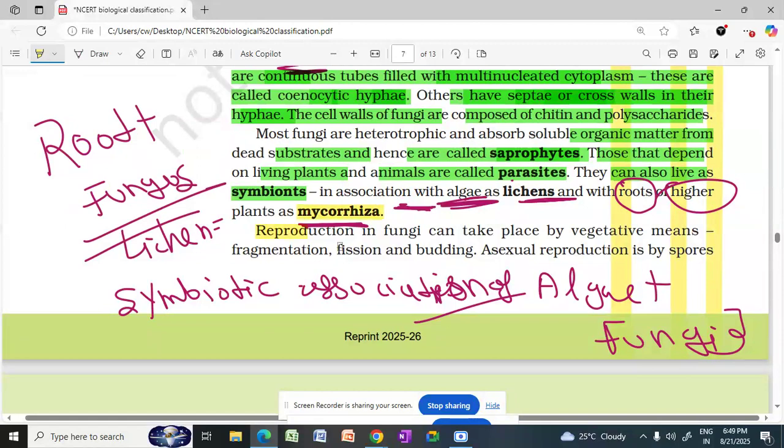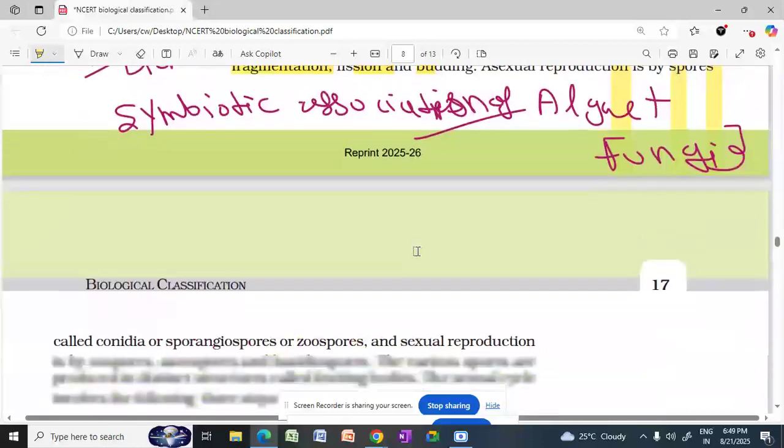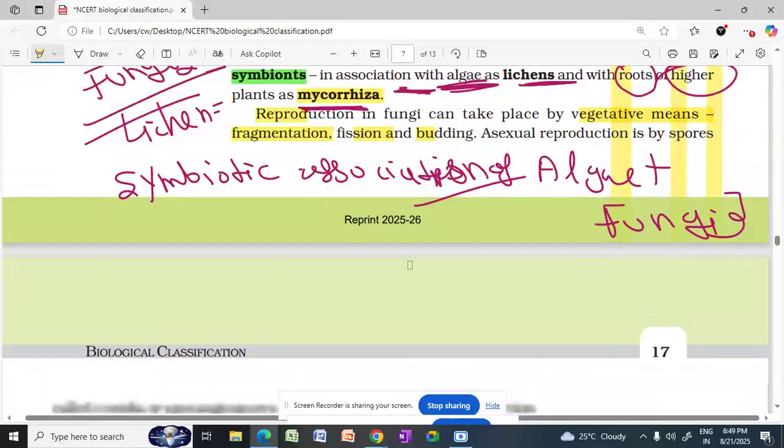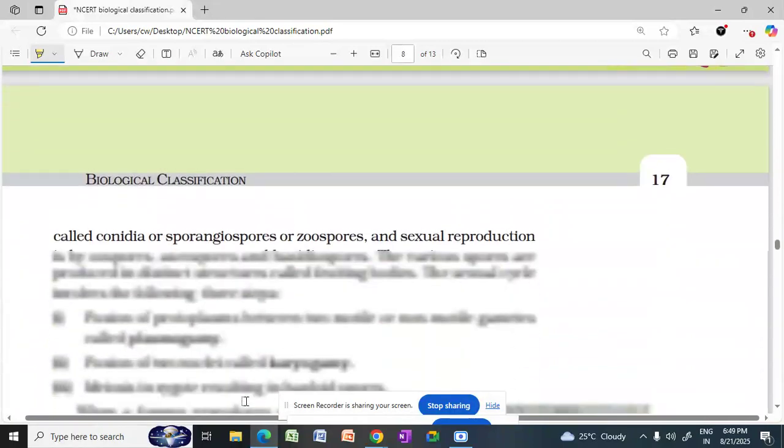So now what about the reproduction in fungi? Reproduction can take place by vegetative means, like fragmentation, fission, budding. Asexual reproduction is by spores. So asexual reproduction takes place by what? Spores.